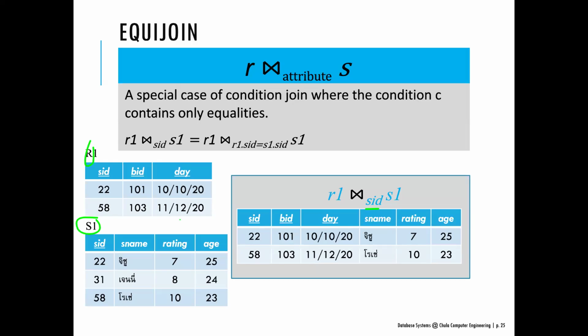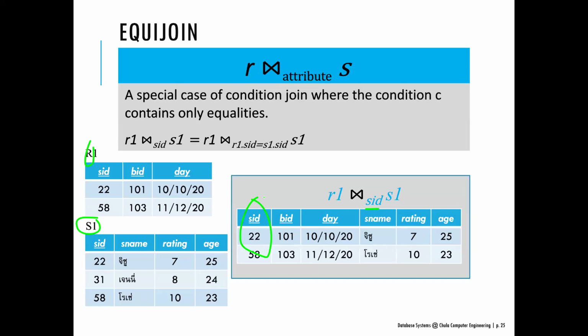It will have to be 7, right? But in case that you do equijoin, it means that the condition that you use must be equal to, so you eliminate one of that pair to only show one. So SID would only be shown once. You don't duplicate the SID twice because it will be equal to, so you don't have to show that.